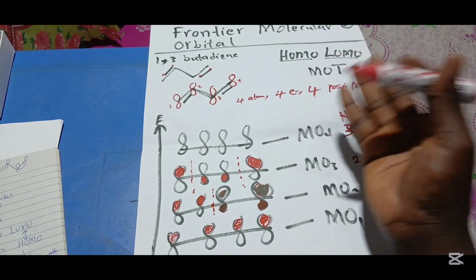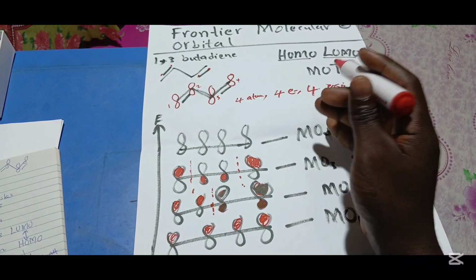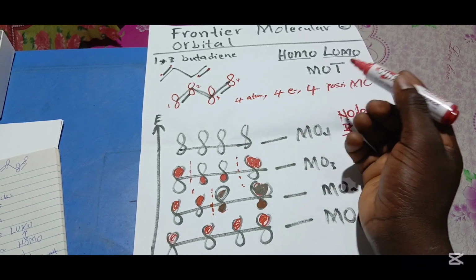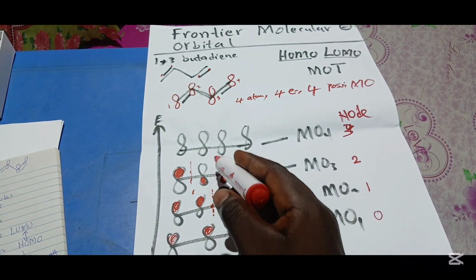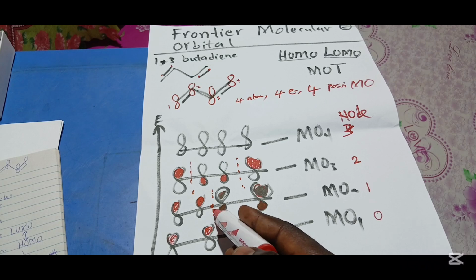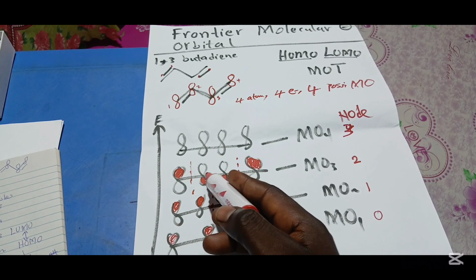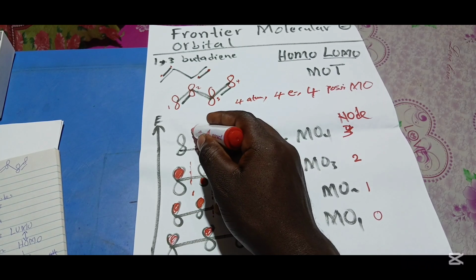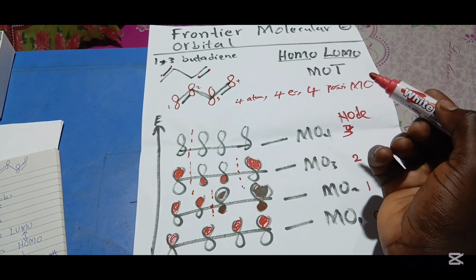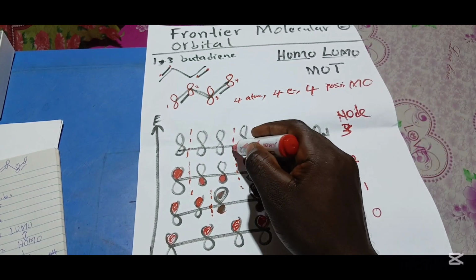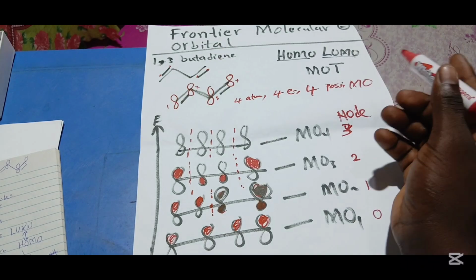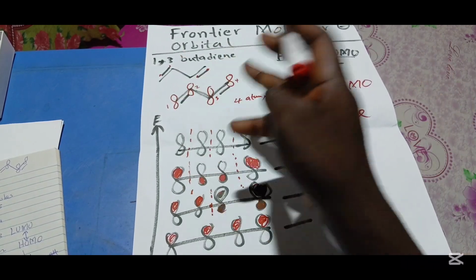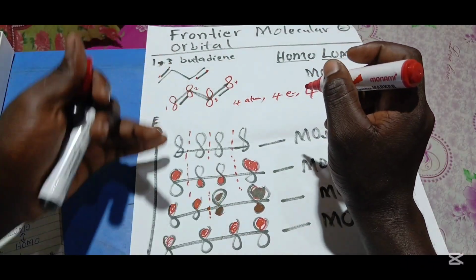So let's deal with MO4. Like I already told you, this is one trick of moving the node. So now the node is here, and the other one is here. We are going to get three nodes, right? So we're just simply dividing the whole molecule. After the node is here, you can decide to add one, but I don't want to make this confusing to you.